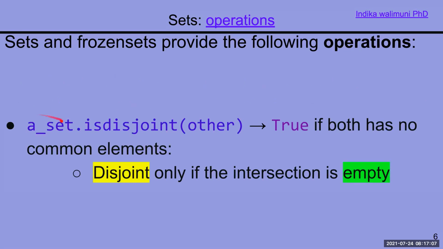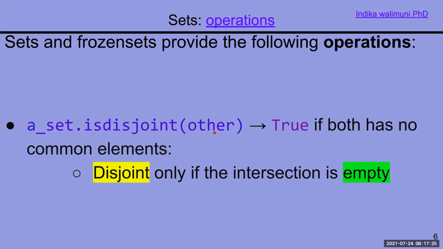So the next operation is isdisjoint. Basically, one is a set and the other one is what we pass into isdisjoint.